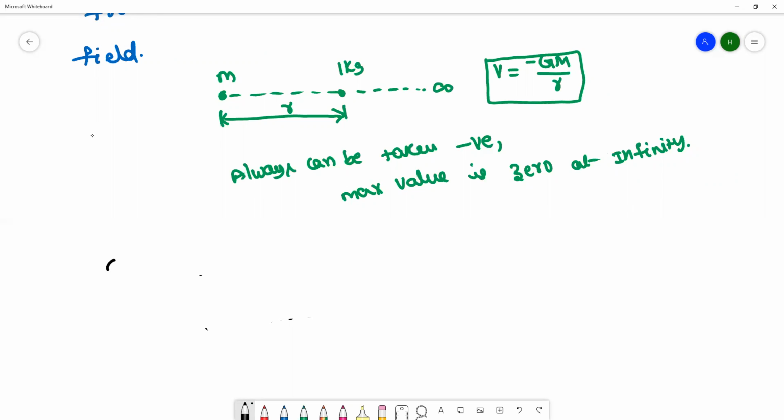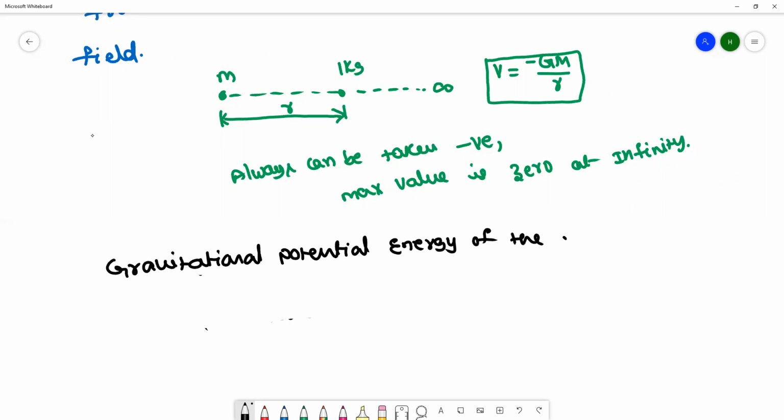Gravitational potential energy of the system of two particles.